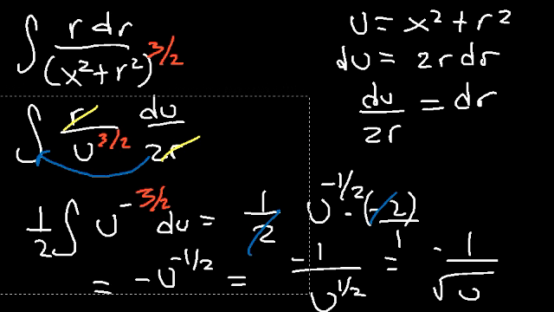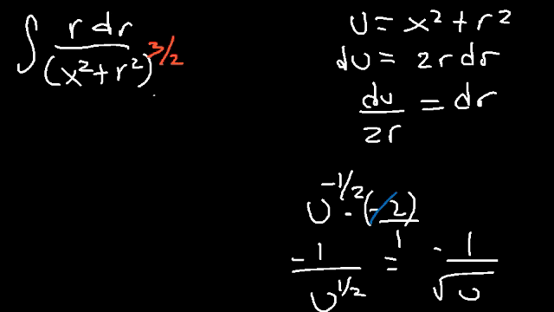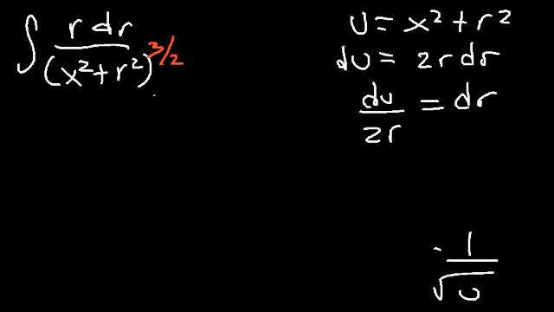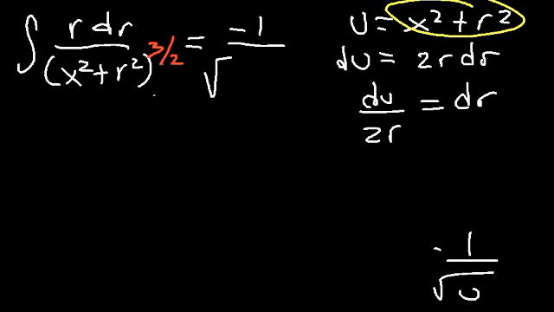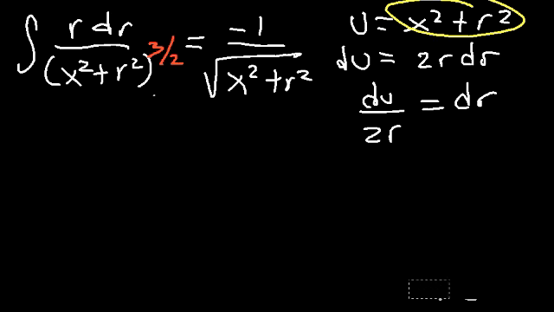Now let's make some space. Let's get rid of a few things. At this point, we can replace u with x squared plus r squared. So this is equal to negative 1 divided by the square root of x squared plus r squared. So now let's begin with our expression that we had last time.